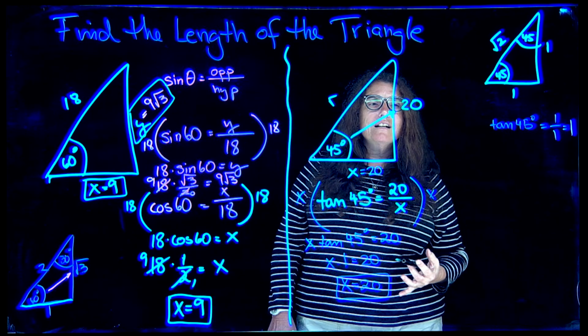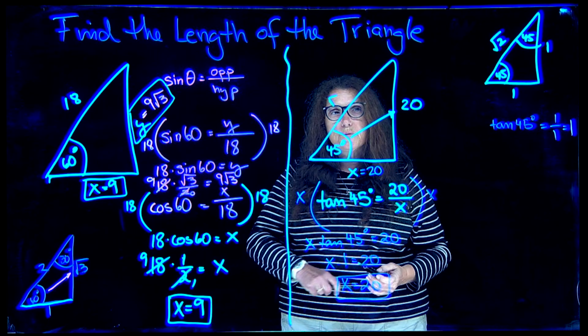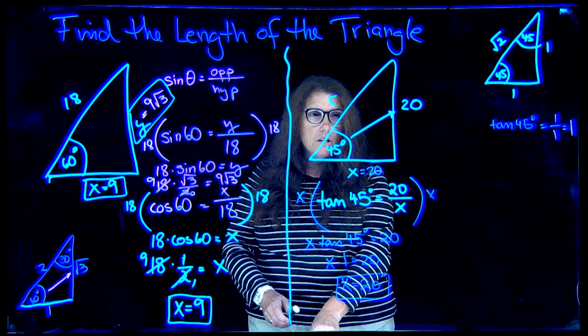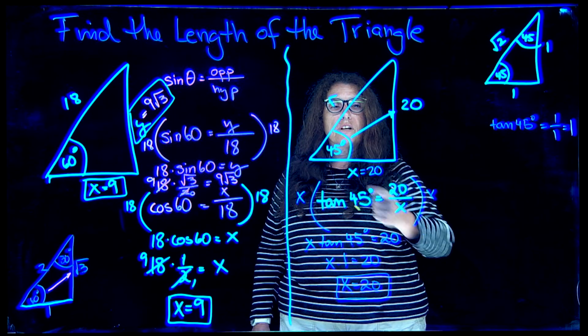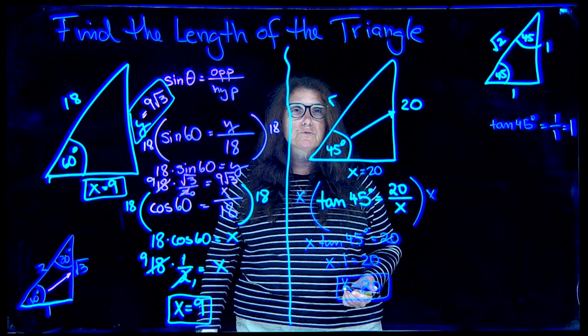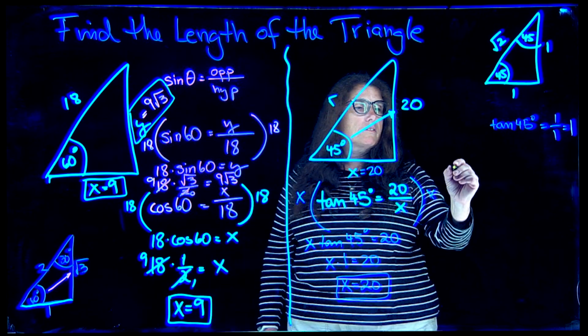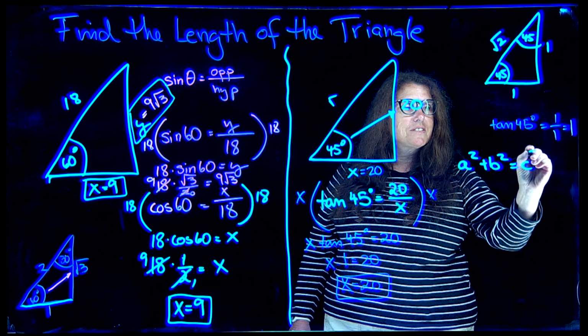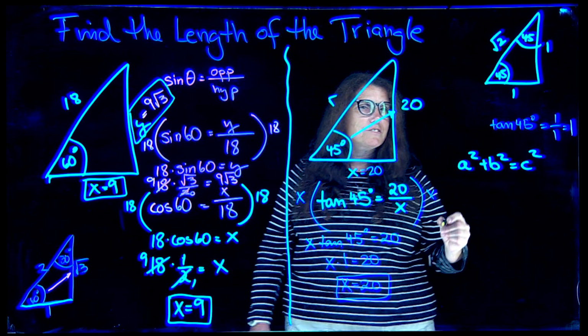Now to find r, I guess I could use a trig function, but I don't even have to. Why not? Because I have a right triangle here, and I can just use the Pythagorean theorem. a squared plus b squared equals c squared, or in this case, r squared.